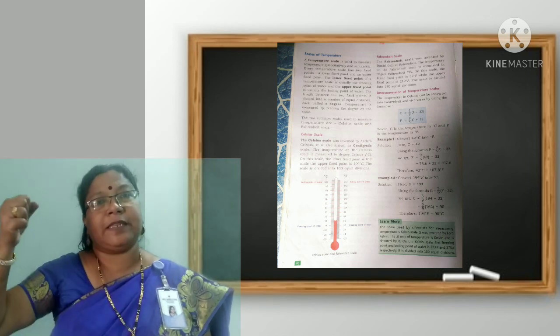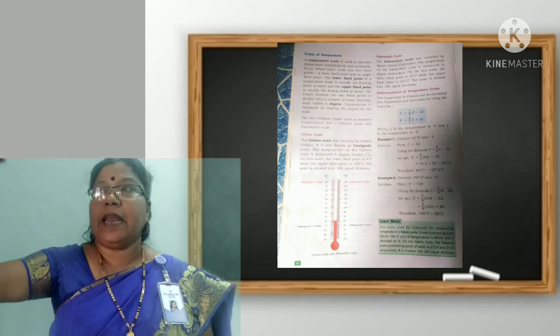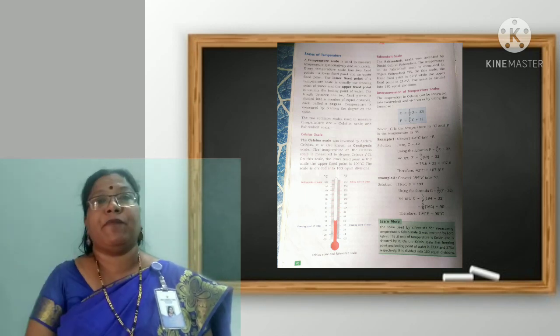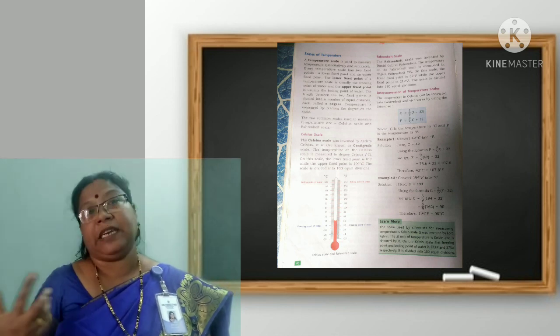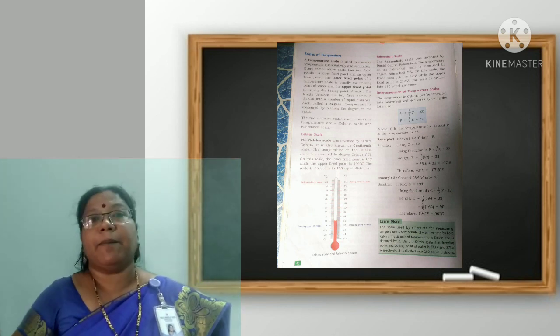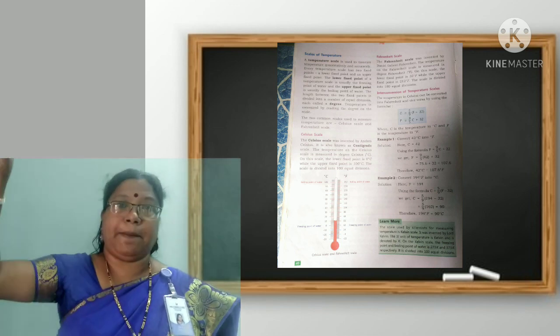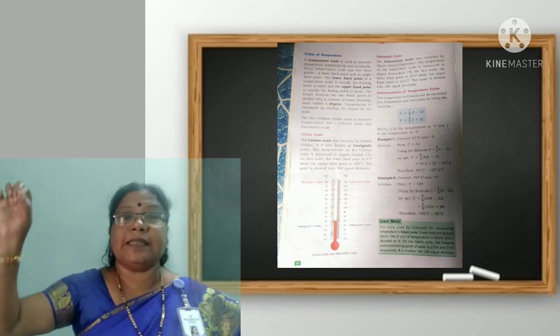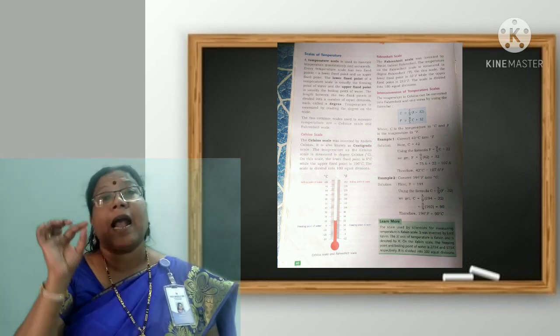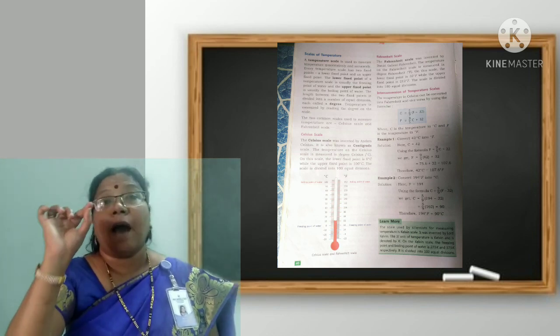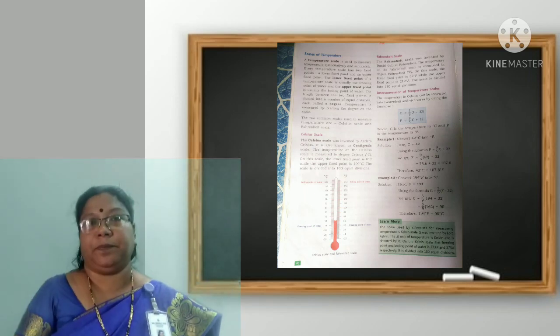Then the thermometer is dipped in boiling water. Boiling water has very much heat. So the mercury rises up and comes to a point, and that point is taken as the upper fixed point.